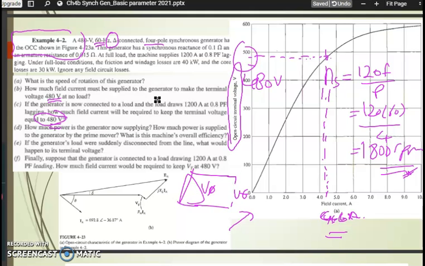When we have V out here and we put in more load, the voltage for sure will drop. So how much is the drop? And how much do we have to increase our field current, such that we maintain 480 volt instead of this drop?